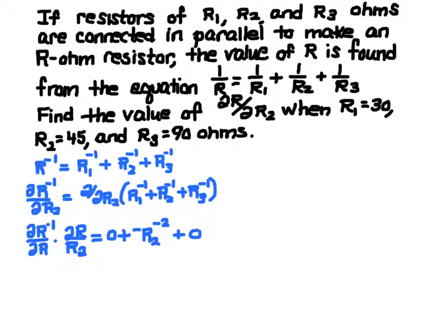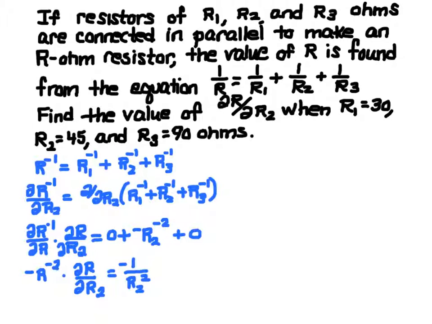Now going back to the left-hand side, when we take the derivative of r to the negative 1 with respect to r, we're going to get a negative r to the negative 2. And that's going to be multiplied by the partial derivative of r with respect to r sub 2. And I just realized I forgot the partial derivative sign there. And that's going to be equal to, well, let's rewrite this, a negative 1 over, instead of writing to the negative 2, we'll say r sub 2 squared.